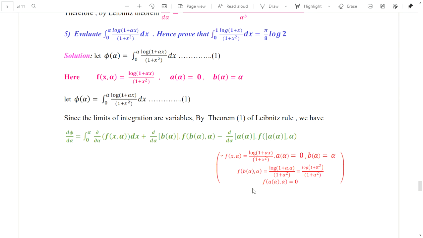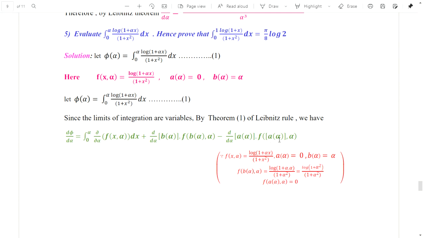Given f of x comma alpha is equal to log of (1 plus a x) by (1 plus x squared). Here b of alpha is alpha, so in place of x substitute alpha: log of 1 plus alpha into alpha divided by 1 plus alpha squared, that is equal to log of (1 plus alpha squared) by (1 plus alpha squared).